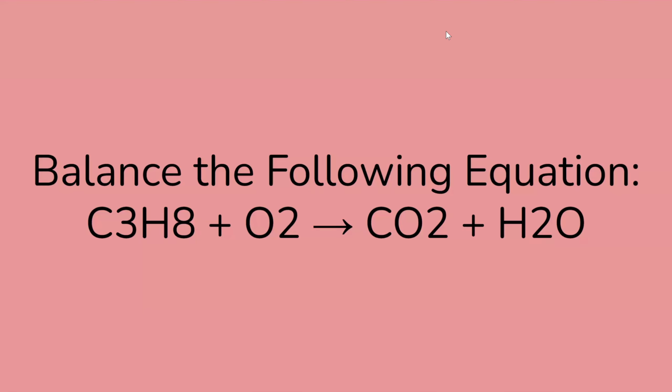Okay guys, now that we got that out of the way, let's look at another problem. Looking at it right away, it's pretty clear that this is a combustion reaction, because we have our C something, H something, plus O2, and then it makes CO2 and H2O.